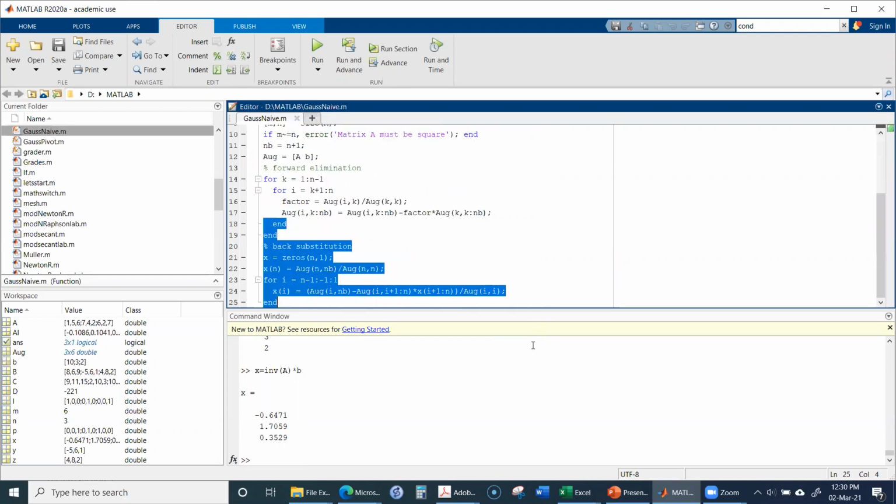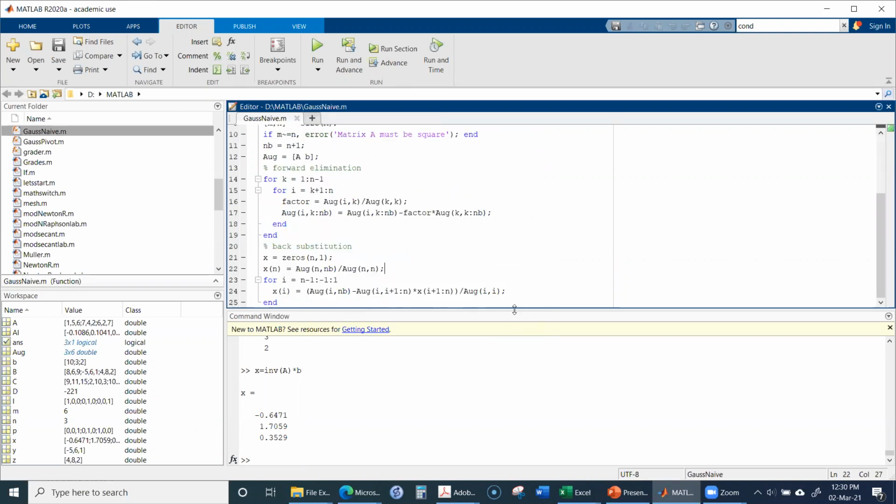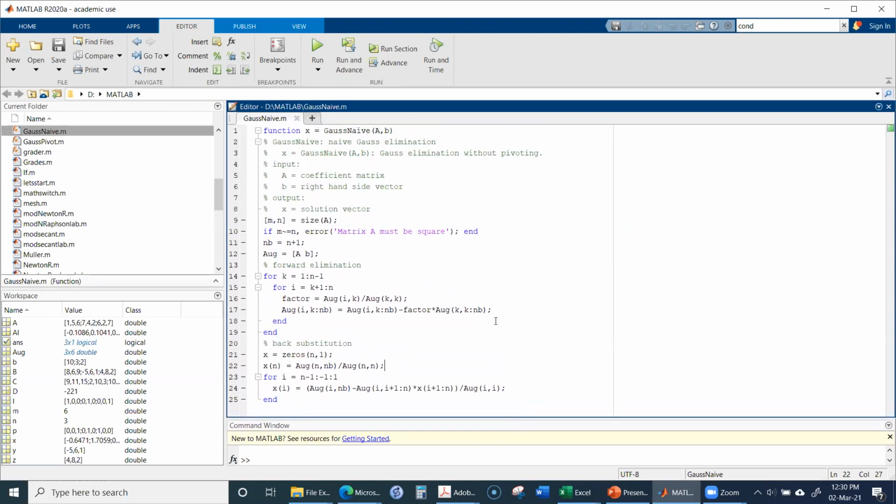If I see this script over here, it is in the form of a function. The name of the function is Gauss naive A B. It takes two inputs, A and B, as you can see over here.